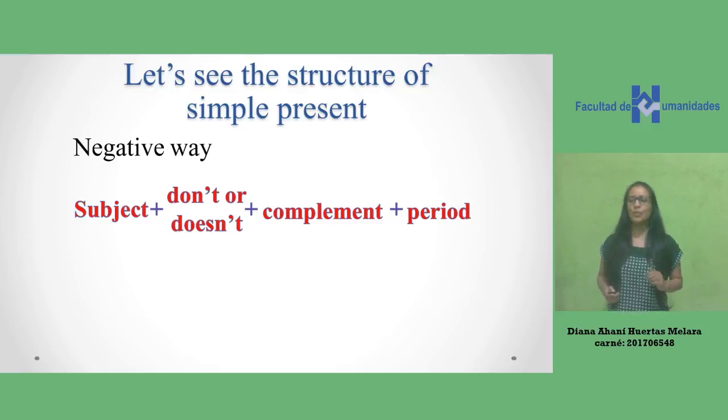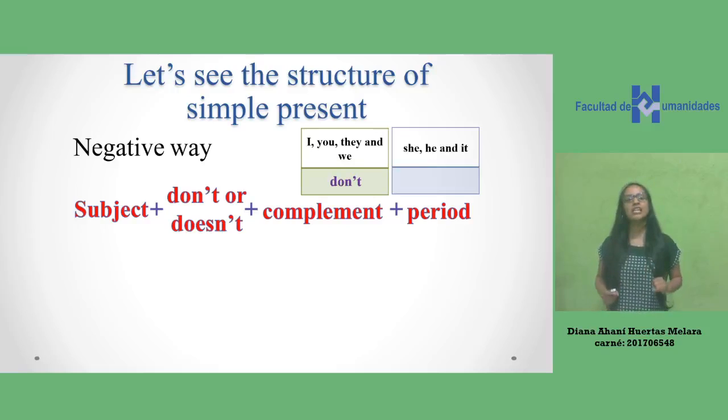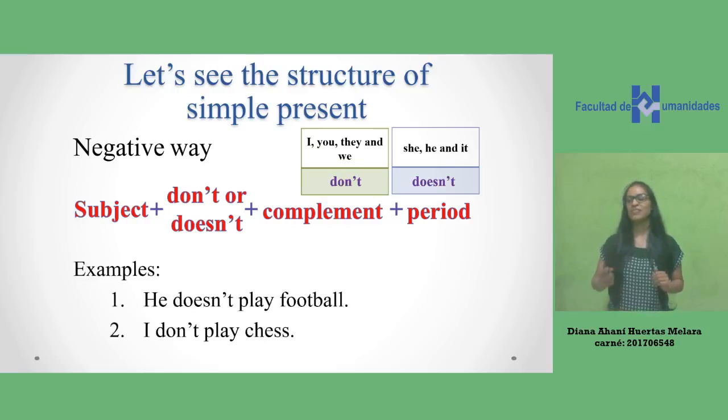Okay, so now with don't or doesn't, we have first and second person that are I, you, they, and we. And with these pronouns, we use don't. And in the third person, we have she, he, and it. And with these pronouns, we use doesn't. Okay? So now let's see the examples. He doesn't play football. I don't play chess.